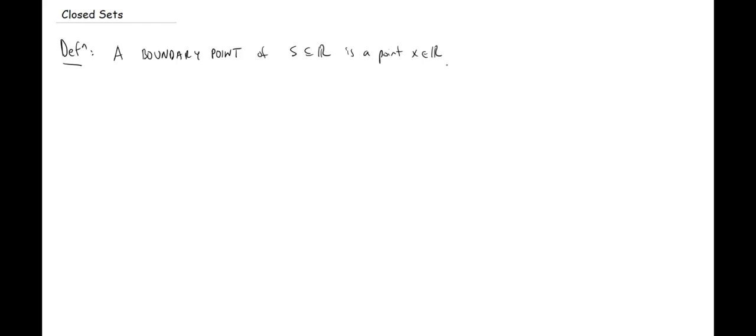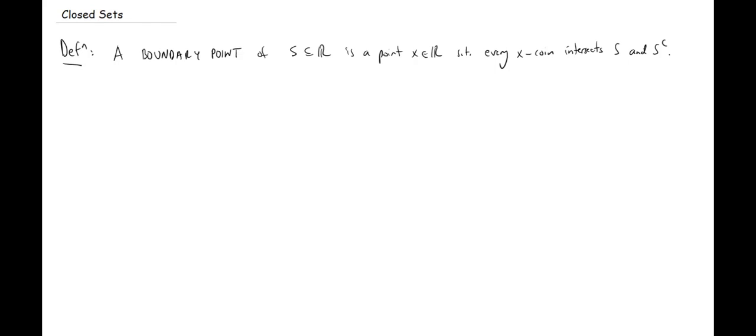We're just saying it's some point such that every X coin, so every X-centered open interval, intersects the set S and S complement. Okay, so that means you write down any X coin you like, and that X coin is going to contain some element of S and some element not in S.